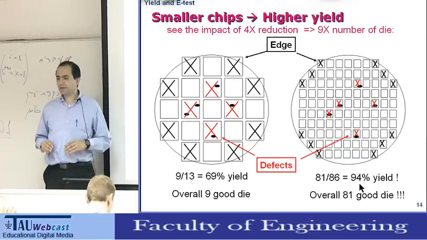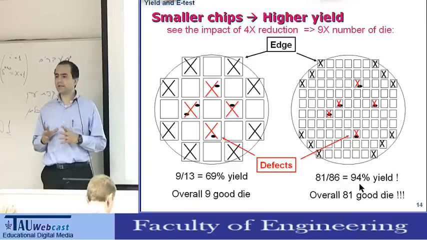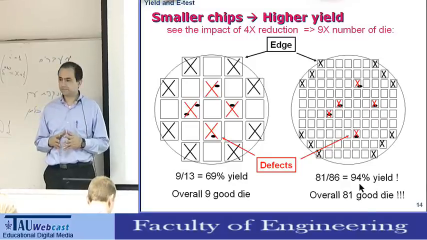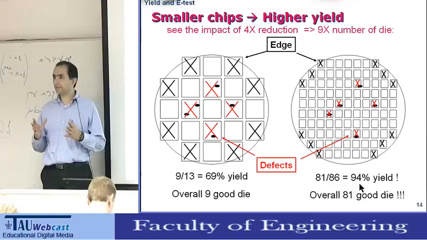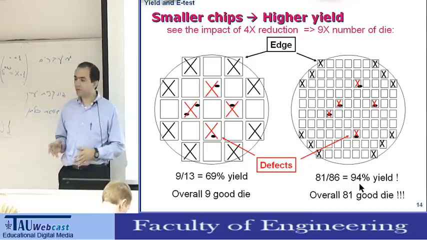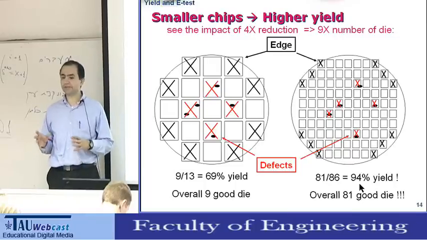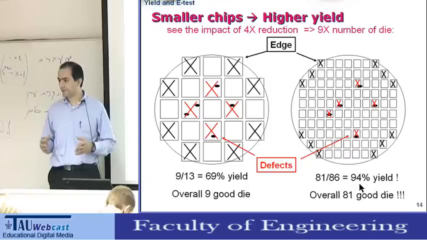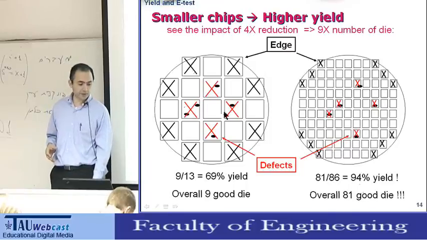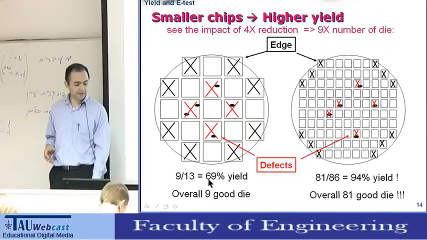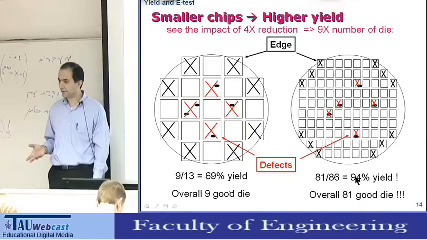So, let's assume we're producing controller chips, okay? So maybe we can, with the same technology, have a controller which is bigger, but has more functions. But if the controller is 4 times bigger, the yield will be, look, 25% lower.